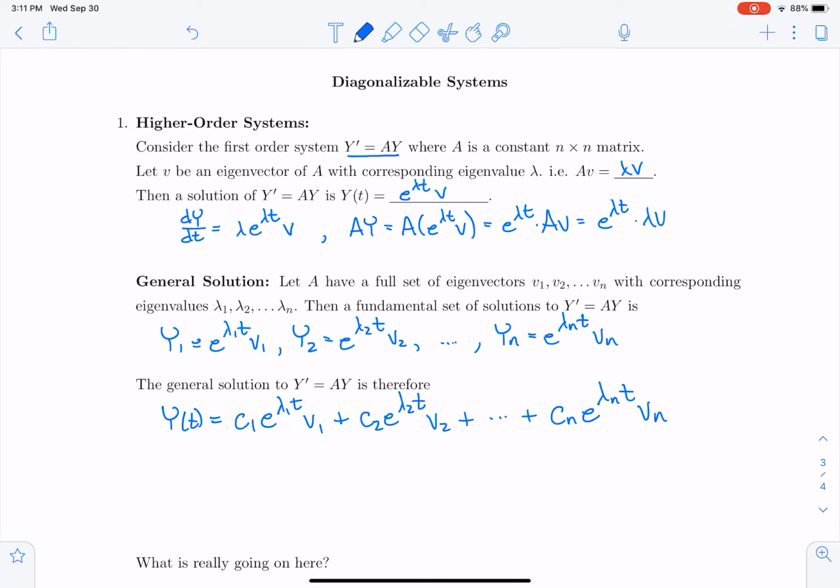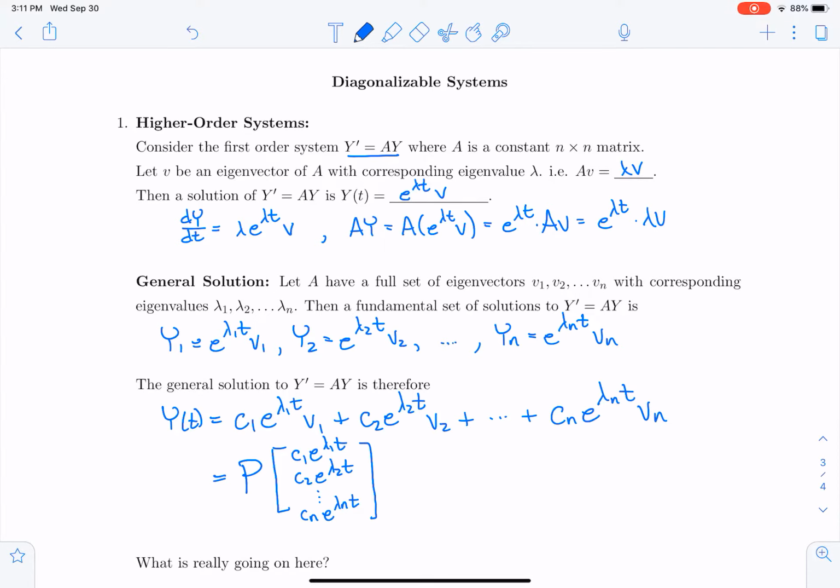Now what I'd like to do is put this in matrix vector form. So I'm going to make a matrix, I'm going to call it P, and I'm going to multiply P times a vector. The vector is going to be c1 e to the lambda 1 t, c2 e to the lambda 2 t, all the way down to cn e to the lambda n t.